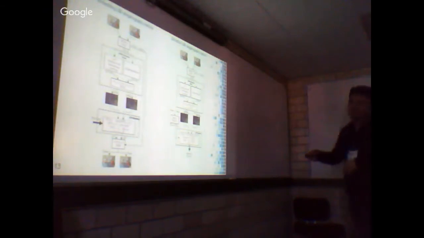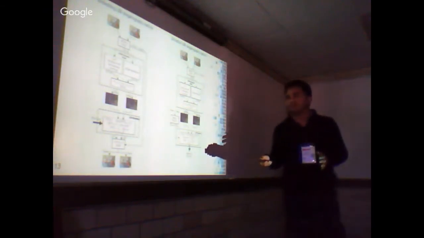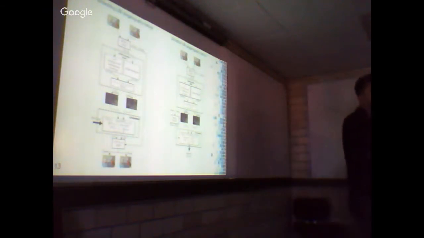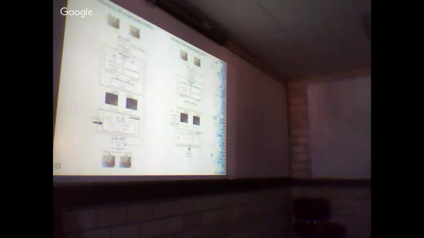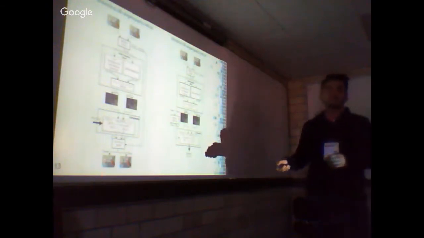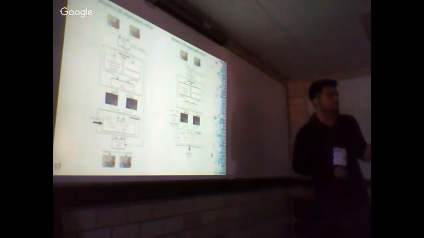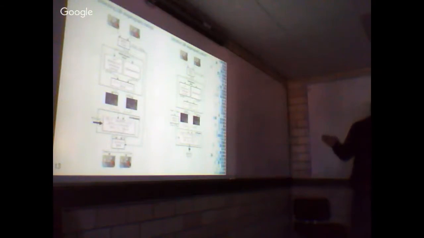Once this is done, we embed the payload in the luma channel, only in the luma channel. And then we convert YCbCr to RGB to have the color images of the stereoscopic pair.